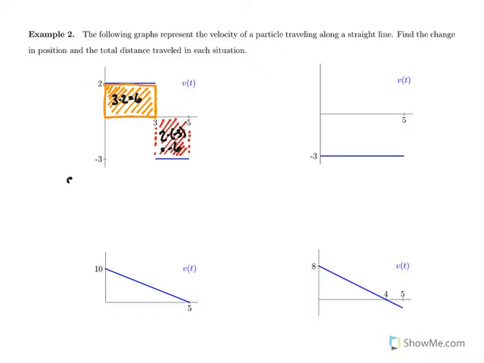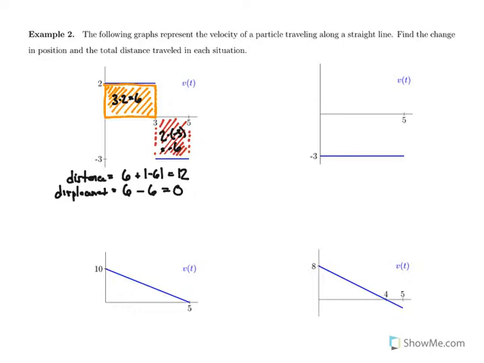So here, the distance is going to be the 6 plus, we can say maybe the absolute value of -6. Total, we've gone 12 units. But the displacement, the change in the position, is going to be 6 minus 6 is 0. So this is like the particle went forward a bit and then went backward to its starting spot.